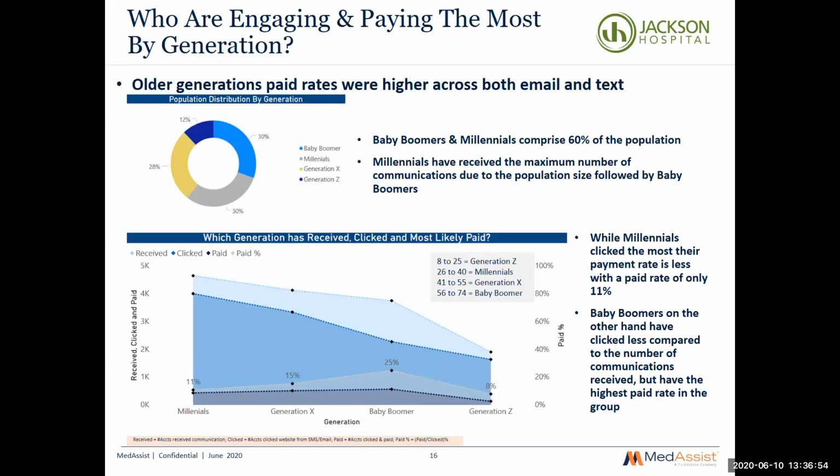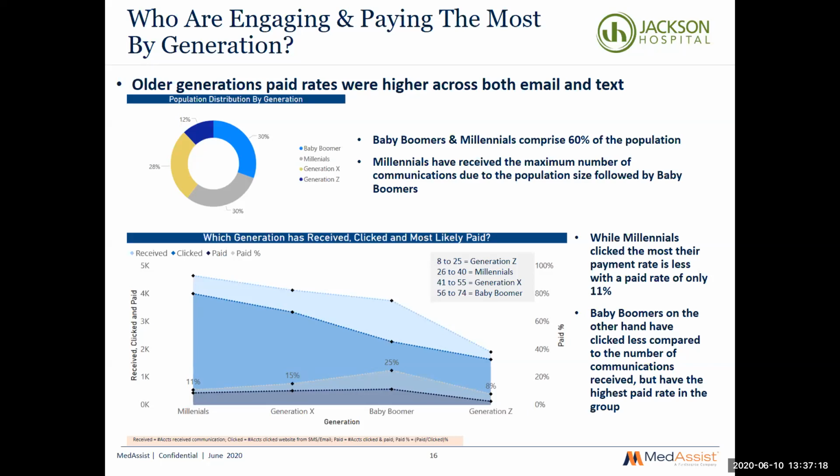Okay, I'll move quickly through the next few slides as I see that we've got to keep going here and stay on track. So how does patient age impact digital engagement and patient results? So the majority of Jackson's patients are millennials, followed closely by baby boomers. Combined, they make up about 60% of their volume.